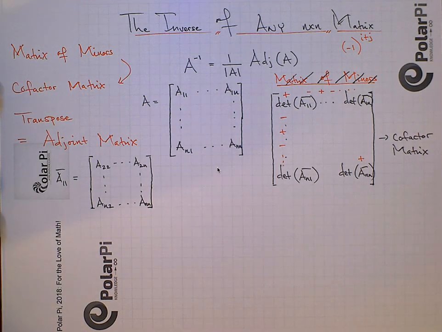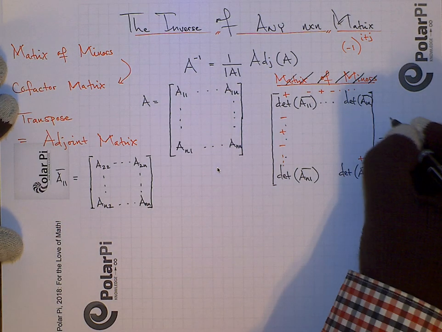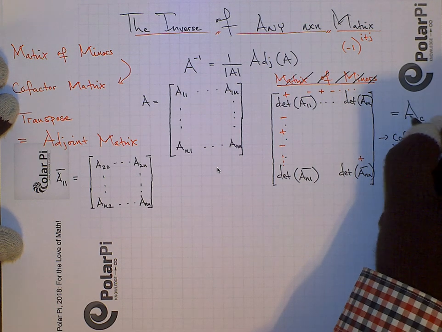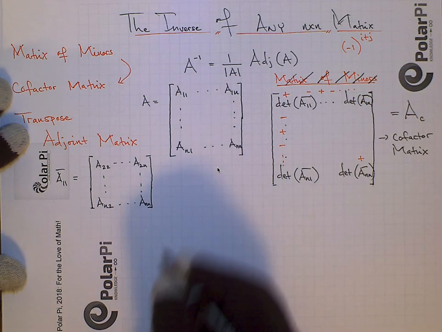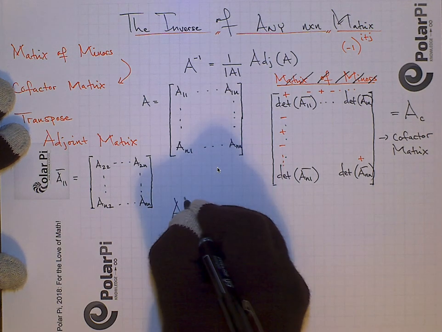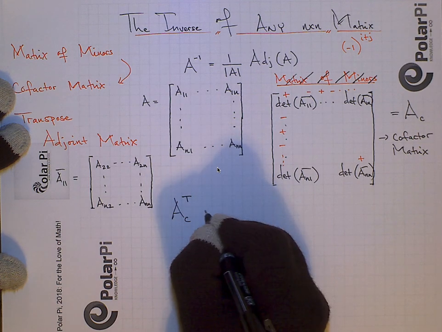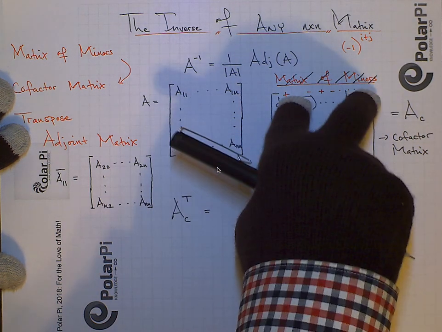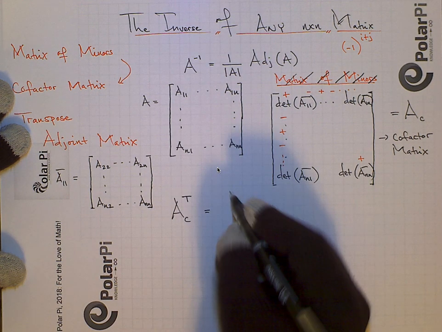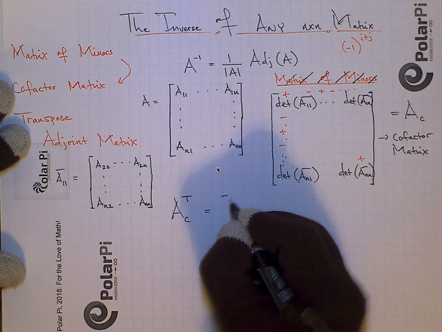Yeah? Okay, so if this is the cofactor matrix, and I guess we can call it A sub C, to say the cofactor matrix, then what you have to do is take A sub C transposed. And that's just like taking this first row and making it the first column here and so on, right? So you should know how to define the transpose.